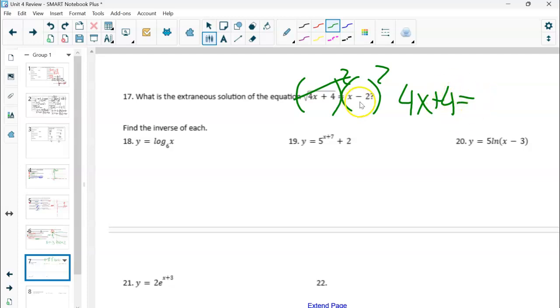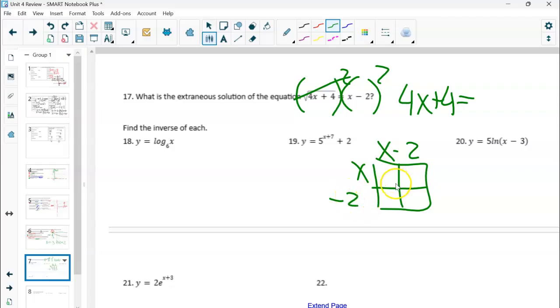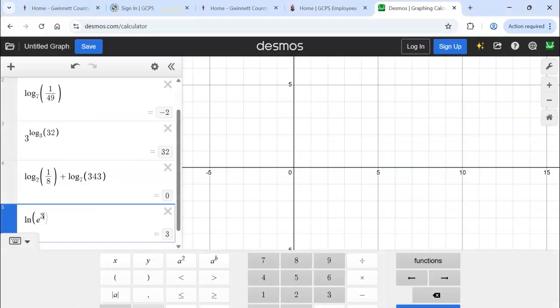And here you're going to get a quadratic equation by doing a box method of multiplying x minus 2 twice. When you get that, you are going to get x squared, negative 4x, and then plus 4, okay? You're going to move everything to one side, find your factors, and then plug them back in to see which one does not work. Now, due to the fact that the video is recording so late, I'm going to show you how to do it on Desmos.